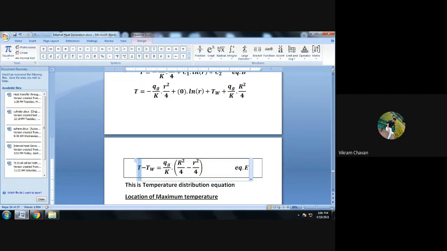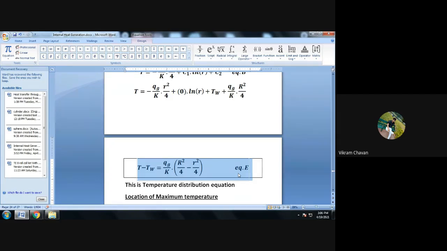To determine the location of maximum temperature, we have to differentiate this temperature distribution equation with respect to r and equate it to 0, and then we will get the location of maximum temperature in the form of small r.